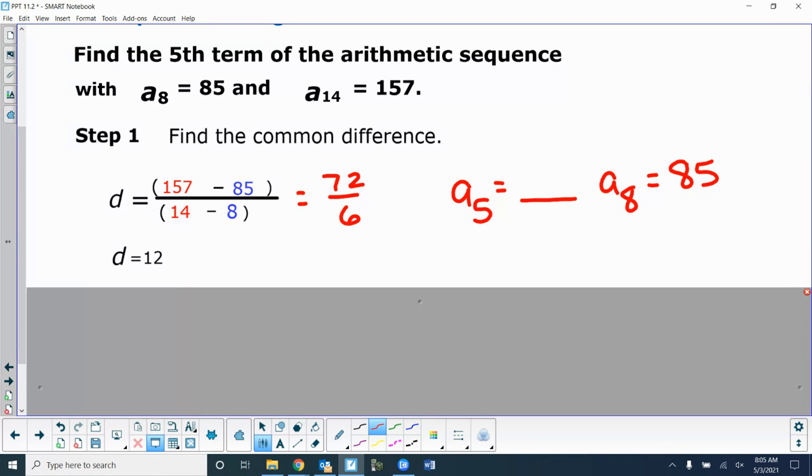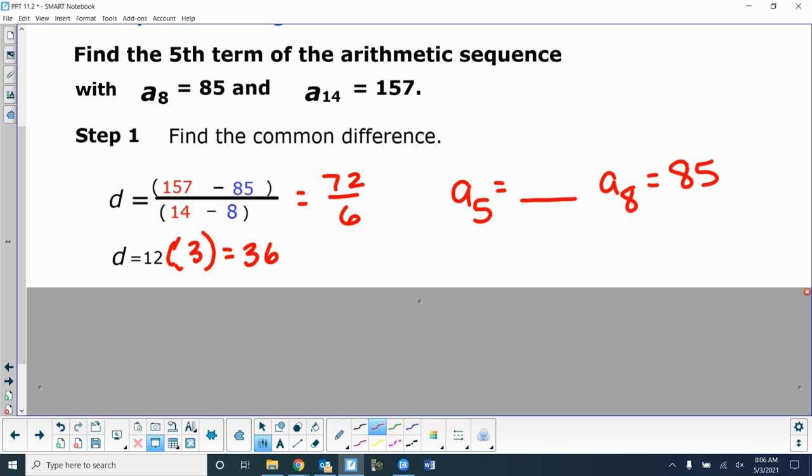Okay? And I know the common difference is 12. So what's the difference between 8 and 5? 3, right? What's 3 times 12? Oops. I don't need the dot there, right? What's 12 times 3? 36.